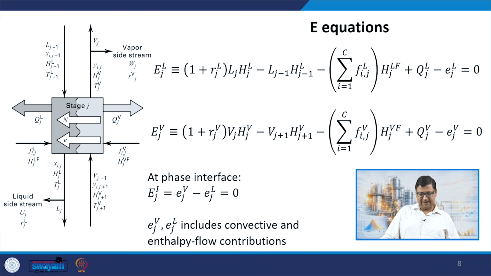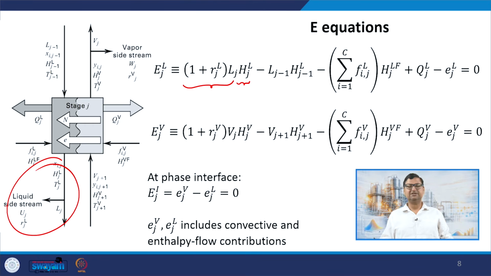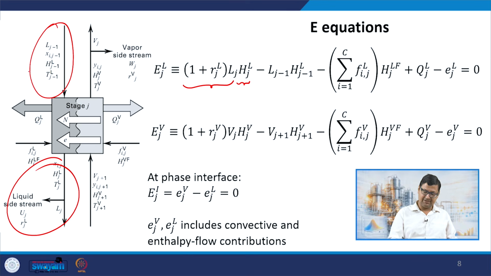Okay. Now I can write the energy balance equation again for the liquid and vapor separately. So this is my liquid main stream and side stream multiplied by the enthalpy of that. That is what is leaving from the liquid side stream and main stream here. What is entering the liquid side is my Lj minus 1 multiplied with the corresponding enthalpy.